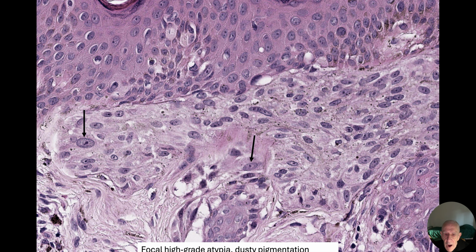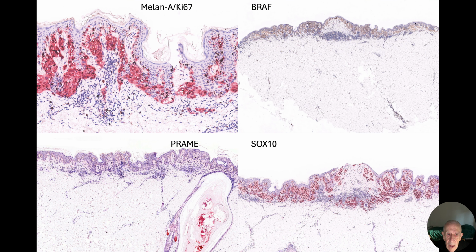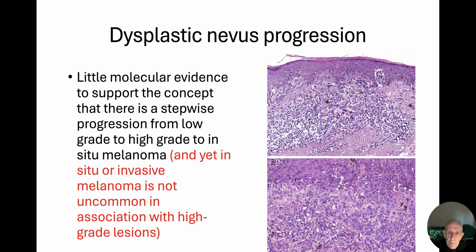And I've arrowed some obvious high-grade nuclei with prominent nucleoli, and Pembergol did all this and I suppose the mRNA is useful, and the SOX10 is useful because there was no evidence of pagetoid spread, and PRAME was negative. So if you want to do immuno, it's fine, but to be honest with you, I think the diagnosis of dysplastic nevus is made on the H&E and nothing else.